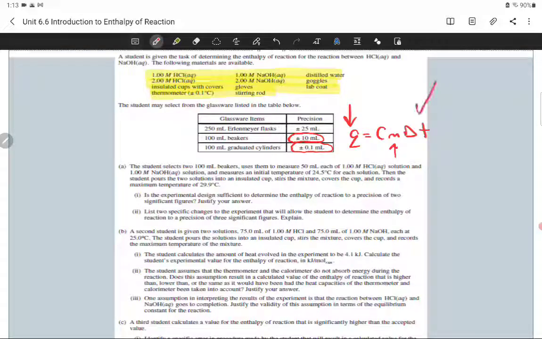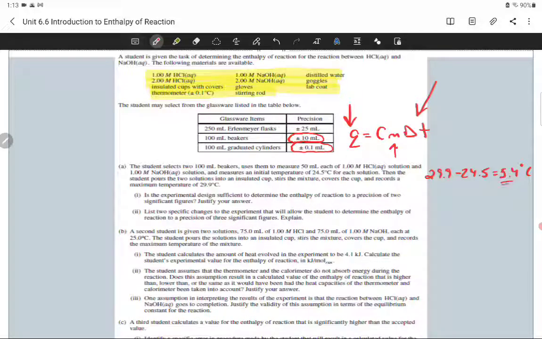And if you would have a greater change in temperature, so let's go to a small change. If we had, well, let's go with the one we had here. So we had 24.5 was the initial temperature, and the final temperature, you know what, let me erase this and I'll write it as delta T. So 29.9 minus 24.5, that equals 5.4 degrees Celsius.